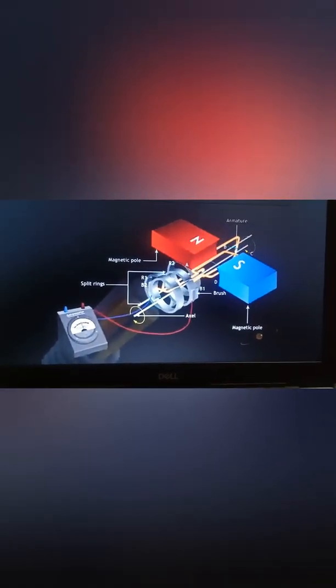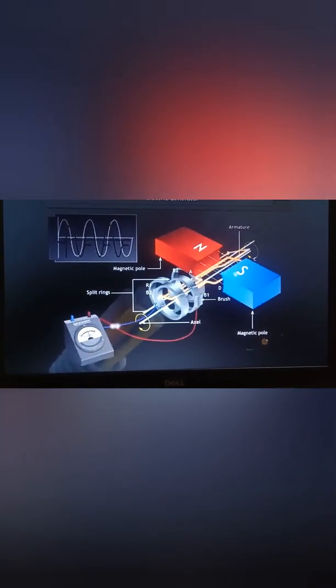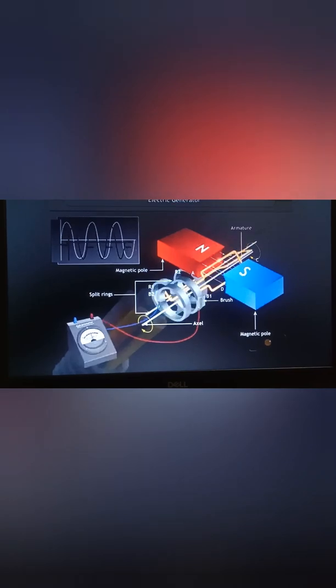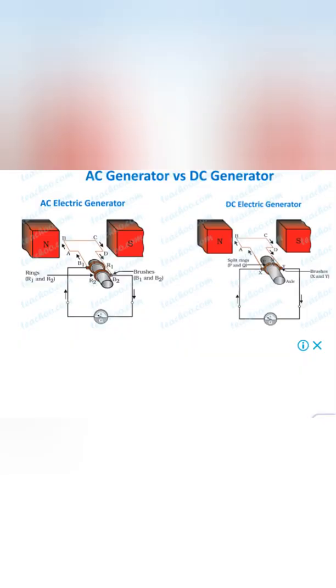To change it to a DC generator, we need to change the rings into a split ring type of commutator, and the direction of the current will be one way. You can see the difference between the two generators, AC and DC. The whole construction is the same. The only difference is the rings. In an AC generator, we use two rings, R1 and R2.